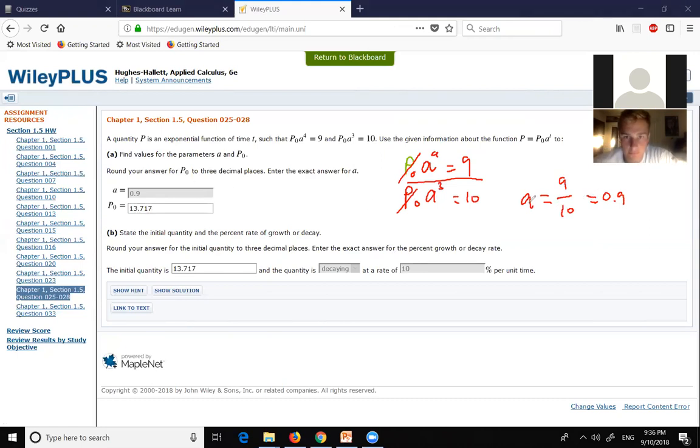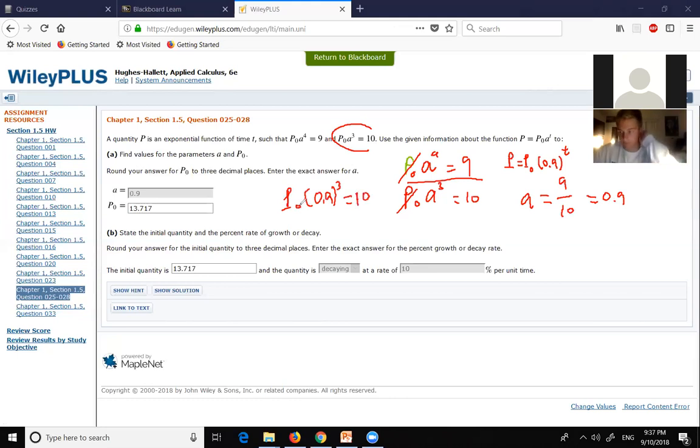Once you get A, we know the formula P equal P naught A to the t. So now you can write P equal P naught times 0.9 to the t. The next step is to find P naught, and again you can use either of the two data values. Let's just use this one here: P naught times A to the third power, and A now is 0.9, so P naught times 0.9 to the third power equals 10.